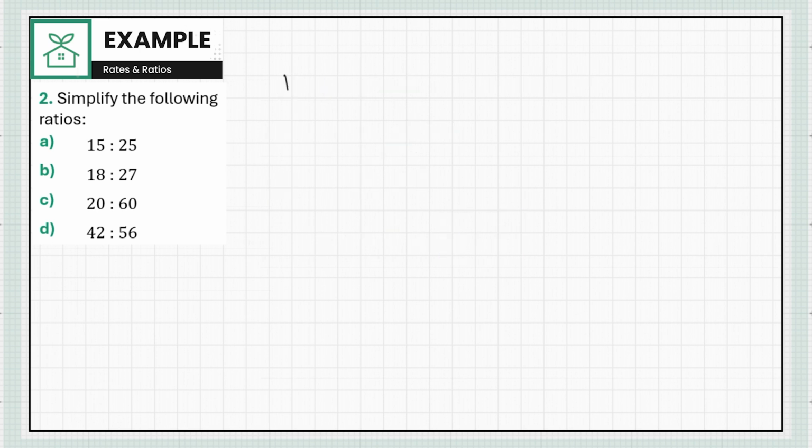Alright, let's look at another one. So for B, we're looking to simplify the ratio 18 to 27. So what are some common factors between these two numbers? We know that they're both going to be divisible by 9, but we can list all the other factors as well.